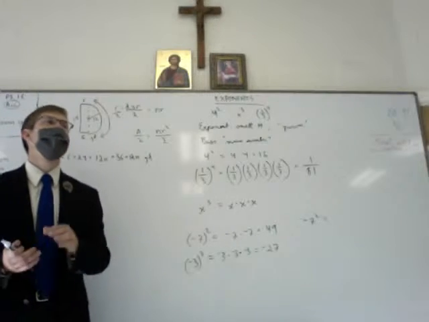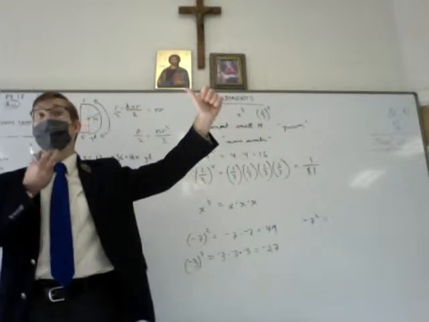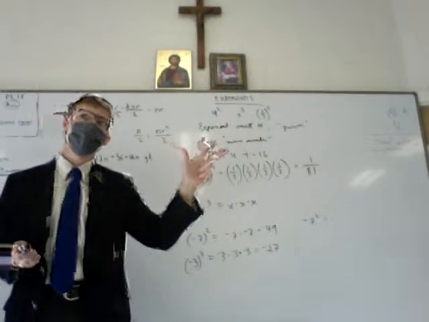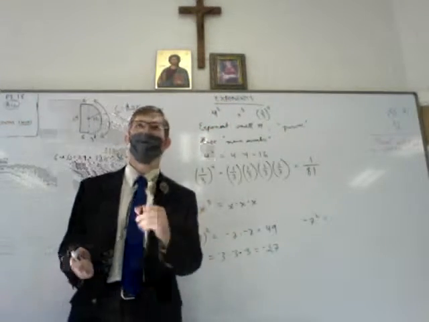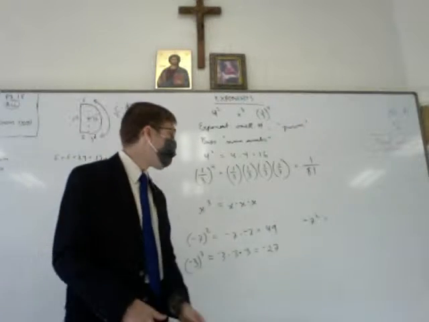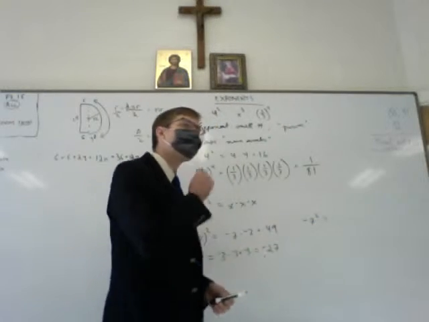Why? In our order of operations, what do we do first? Parentheses. Then we do exponents. Then we do multiplication. Remember the negative sign, we can think of that as times negative 1. It's a kind of multiplication. So if we have this, negative 7 squared, what do we do first?